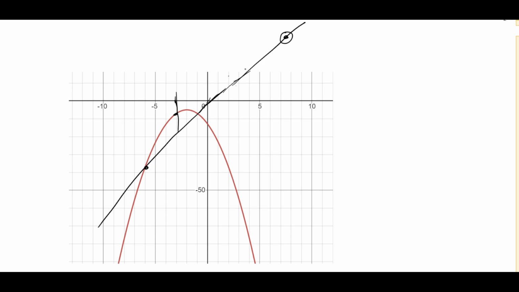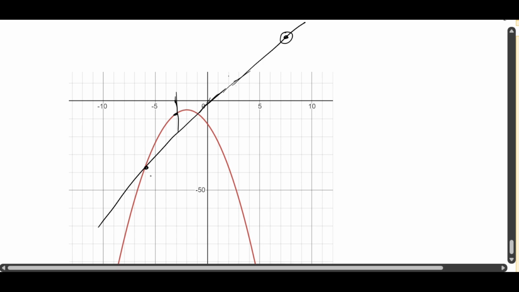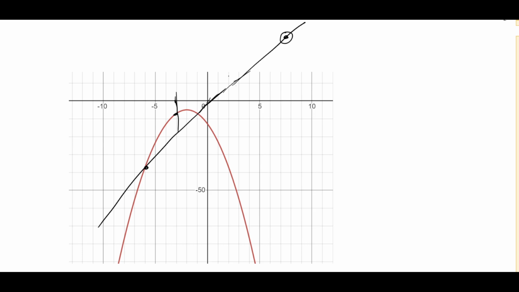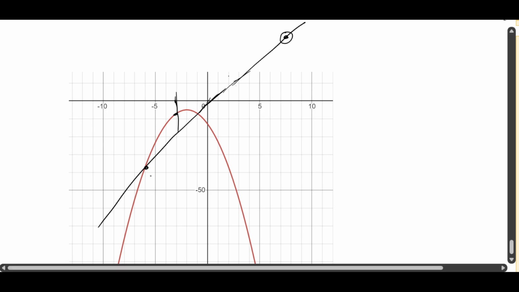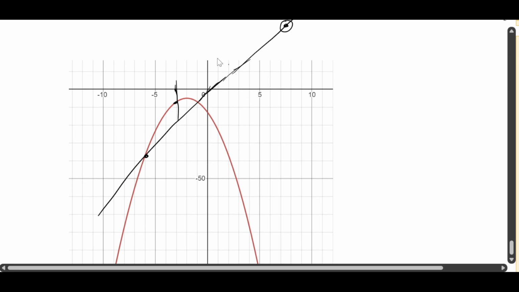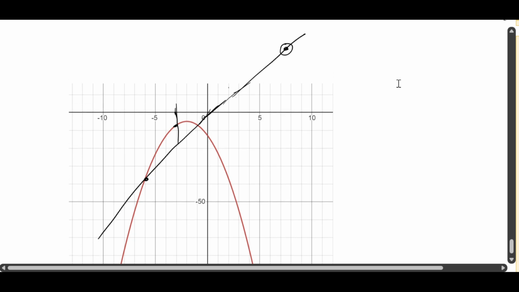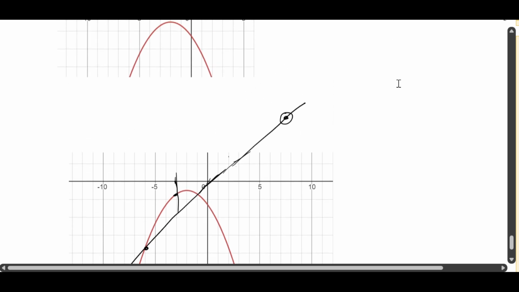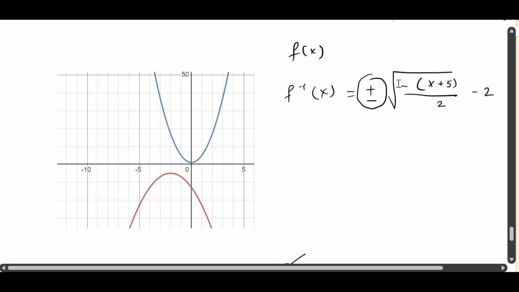That means our range should be positive, means our inverse function should be positive. So if we again go to the inverse function, it is in the third quadrant, so our inverse should be in the first quadrant. So this is our inverse function.